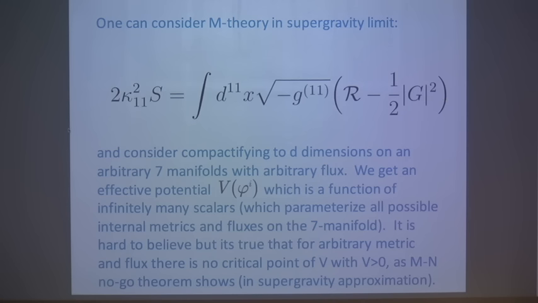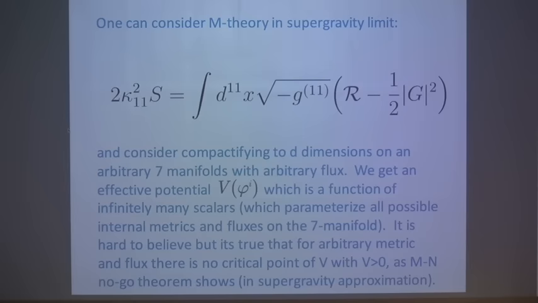In other words, I'm not considering a situation where you have singularities in geometry or you have curvatures of the order of M Planck in G or R, so you're restricting to that kind. From the viewpoint of 4 dimensions, all the choices of the metric and the fluxes would be scalars. So you have a potential as a function of infinitely many scalars which parameterize, for a given topology of the manifold, the metric and the fluxes.